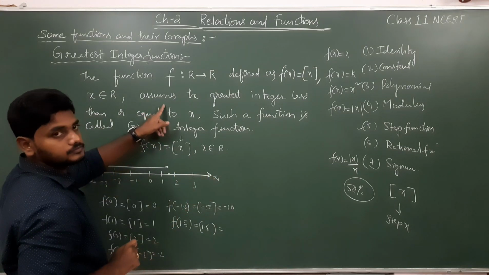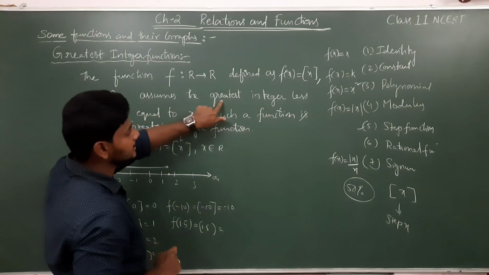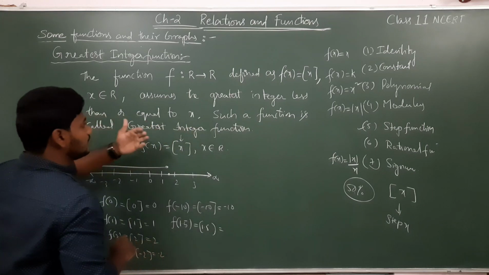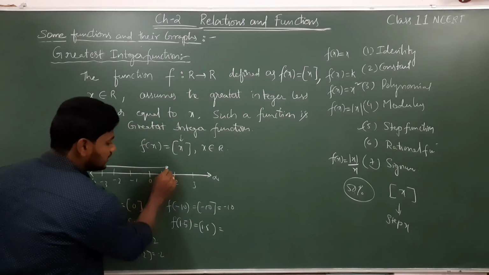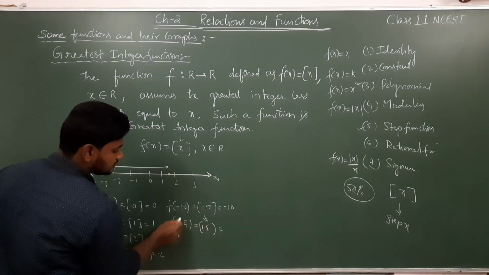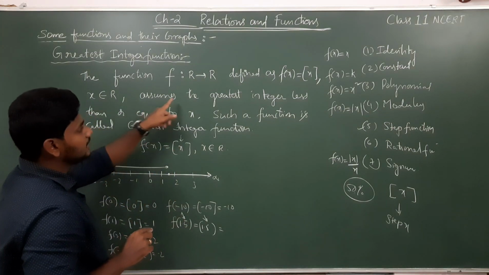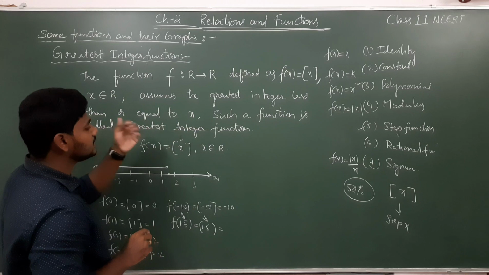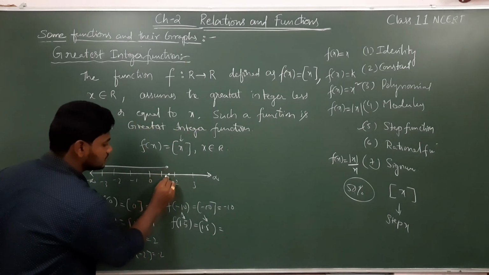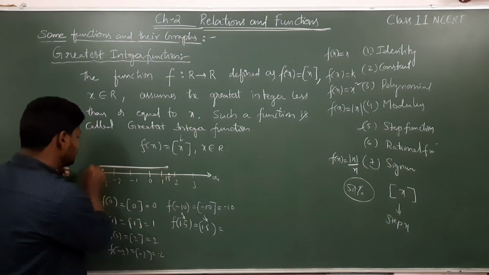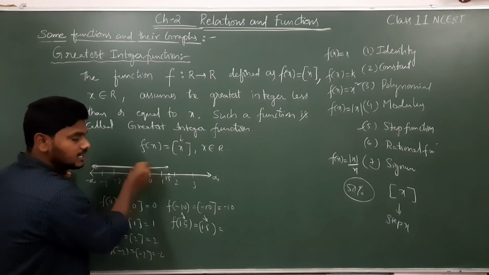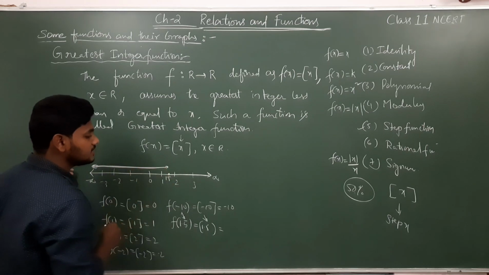Now see this: assumes the greatest integer less than or equal to x. If we consider this 1.5 as x, what are they telling? Assumes the greatest integer less than or equal to x. For this x, 1.5, in this less than or equal to, which is the greatest integer?